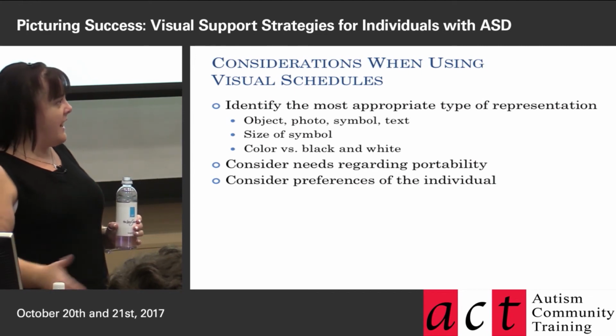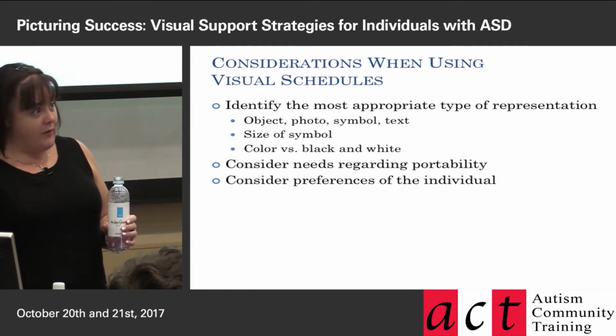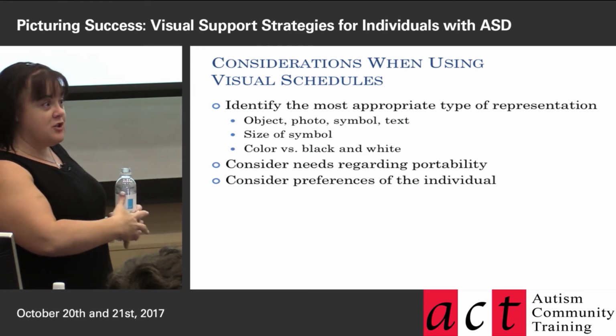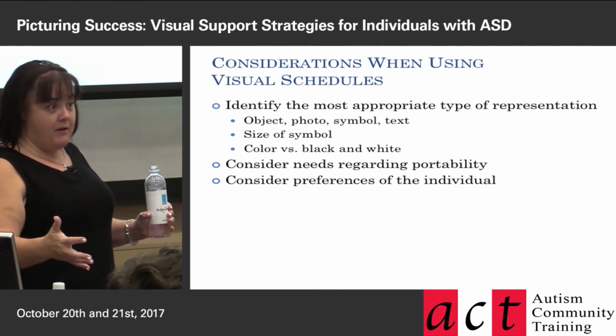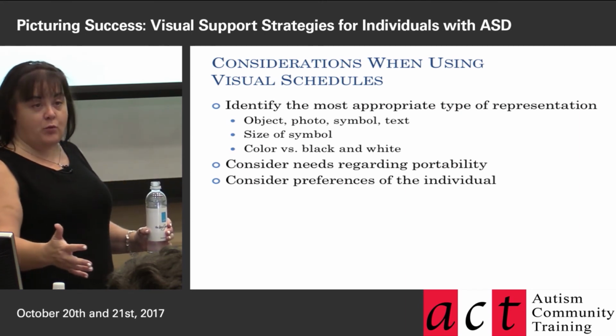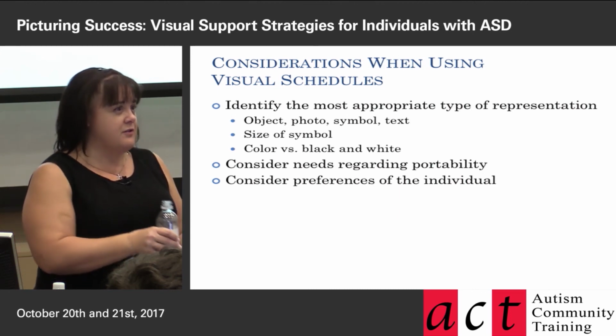That's a preference that they have. So as much as possible, right, we have to make sure that the schedule is appropriate for the individual. But wherever I can offer up choices in terms of how the schedule is set up, I want to do that, right? What do you prefer in terms of the way your schedule system works, right? So think about those kinds of things too. Those are important.